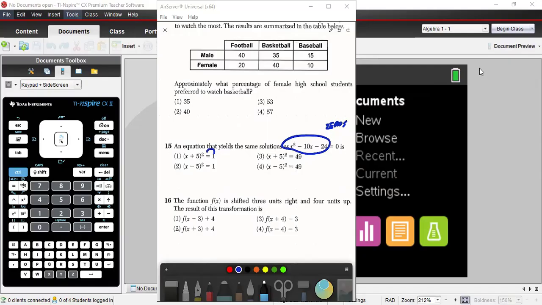So if you move this over, and this becomes a -1, move this over, becomes a -1, move this over, becomes a -49. So it's going to be x minus 5 squared minus 49 equals 0. Now, if these two have the same zeros, then we know that's the answer.